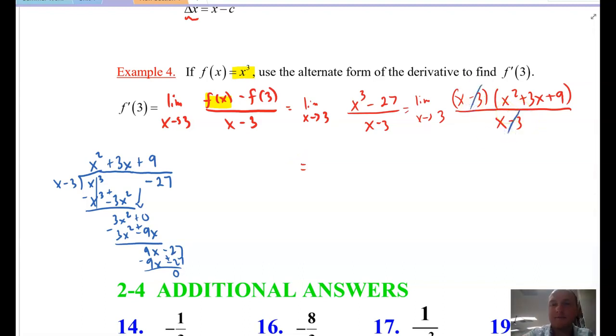All right, giving us the limit as x approaches 3 of x squared plus 3x plus 9.